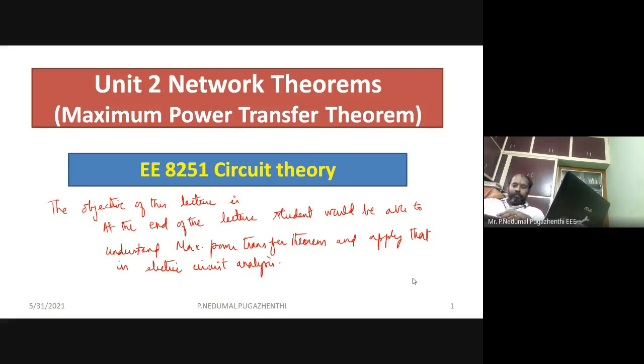And only one student has told me that Norton's theorem, dependent source application is somewhat difficult, and she wants me to explain that once again. Okay, we will discuss that very soon actually.